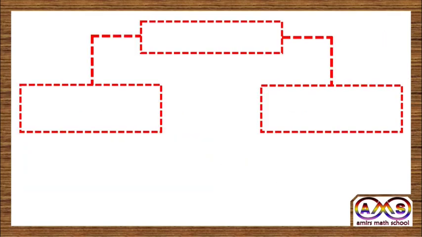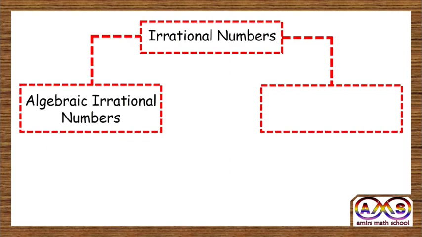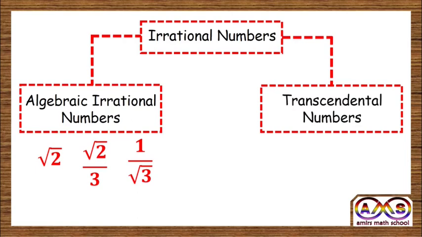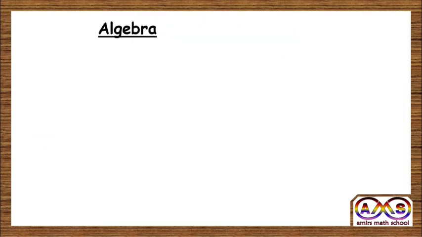Now, the classification of irrational numbers. The first one is algebraic irrational numbers, that is square root of 2, square root of 2 divided by 3, 1 by root over 3, etc. The second category is transcendental numbers, that is pi, e. Now, what are algebraic irrational numbers?